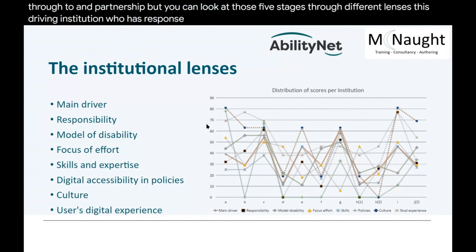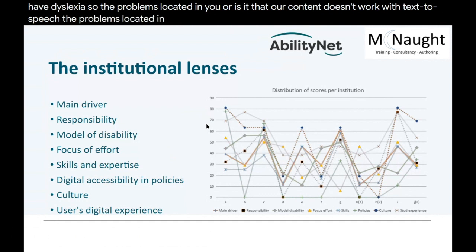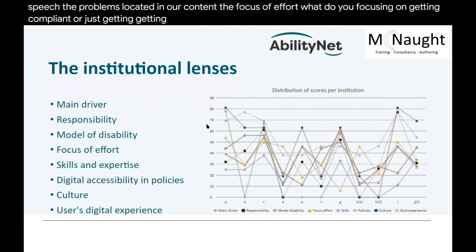Who has responsibility? What's your model of disability? Is it a deficit model? Is it, you have dyslexia, so the problem's located in you? Or is it that our content doesn't work with text to speech, the problem's located in our content? The focus of effort, what are you focusing on? Getting compliant, or just getting really pedagogically brilliant for everyone? So there are these different lenses.